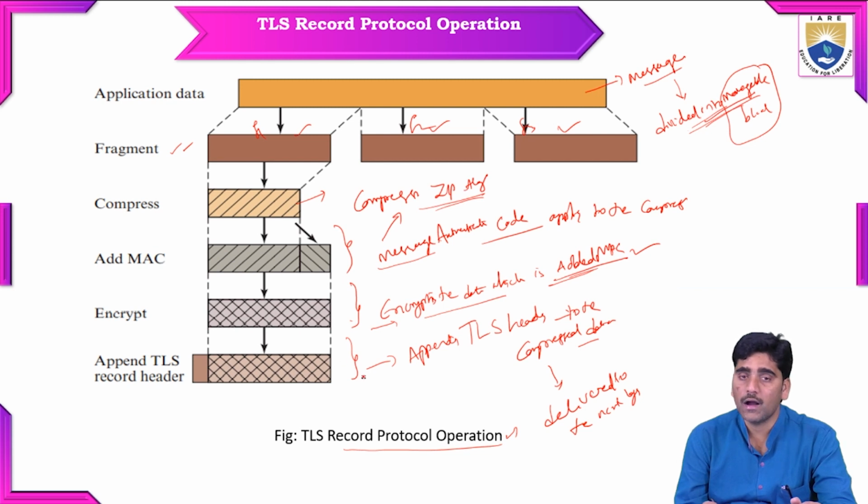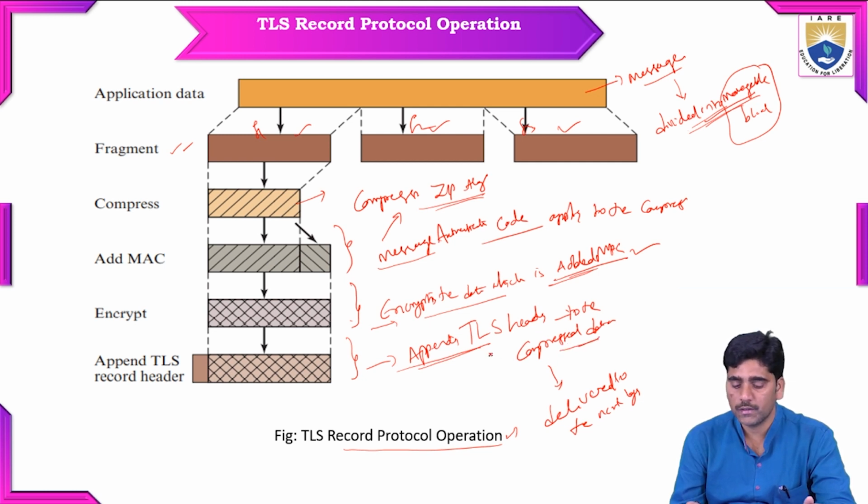Then next, append the TLS header to the encrypted data. Once all these operations are performed on that message, it is ready to be delivered to the next layer.